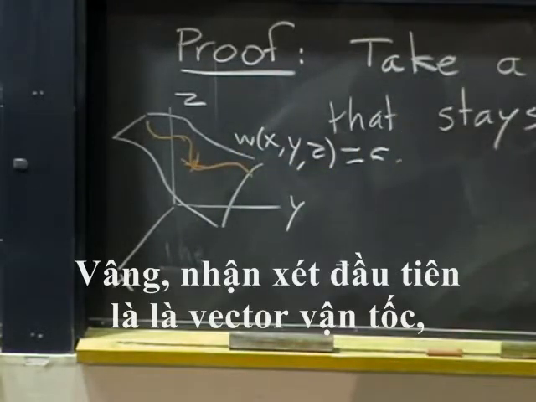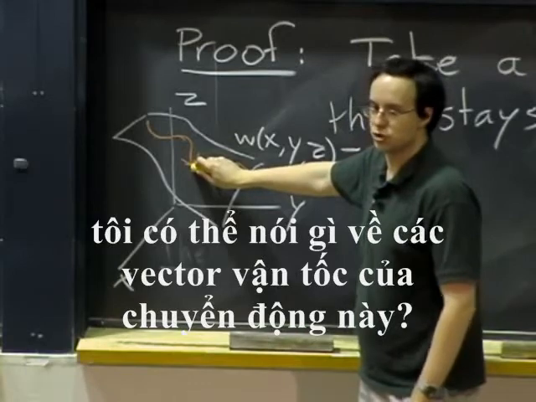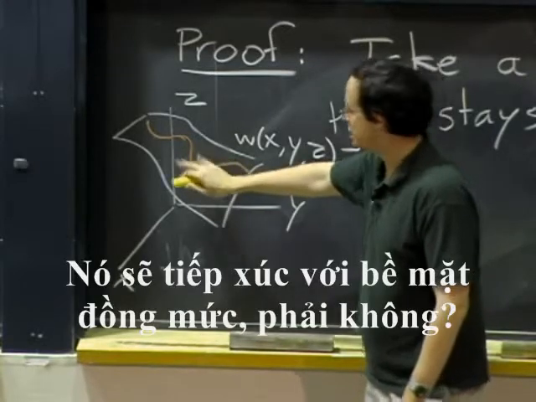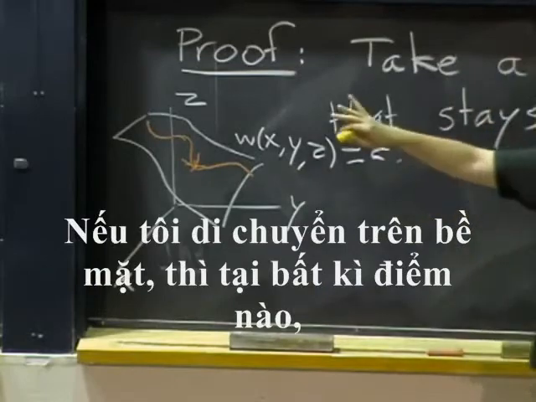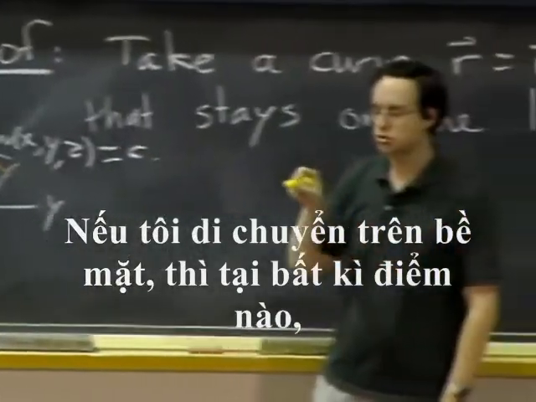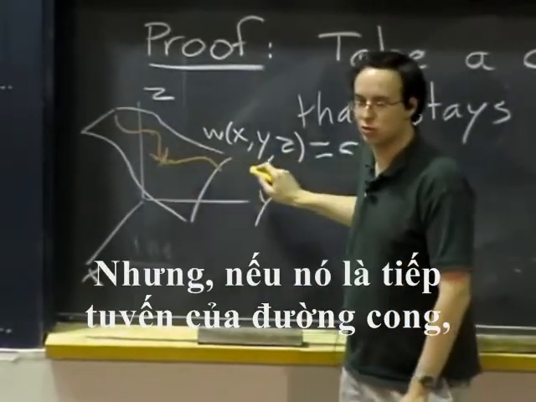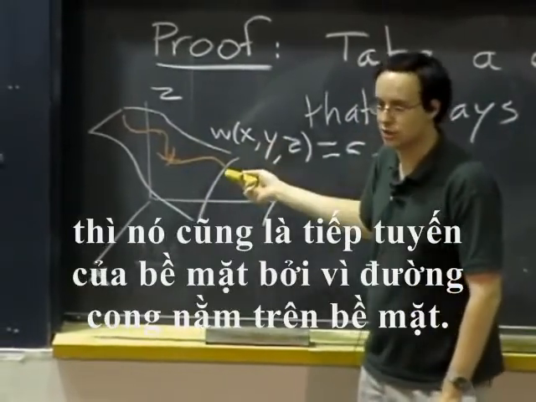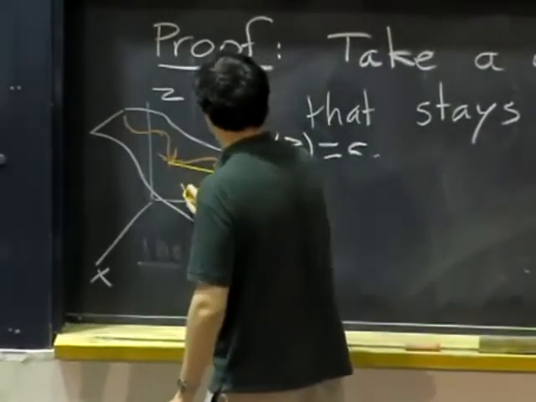Well, the first observation is that the velocity vector, what can I say about the velocity vector of this motion? It's going to be tangent to the level surface. Right? If I move on a surface, then at any point, my velocity is tangent to the curve. But if it's tangent to the curve, then it's also tangent to the surface, because the curve is inside the surface.